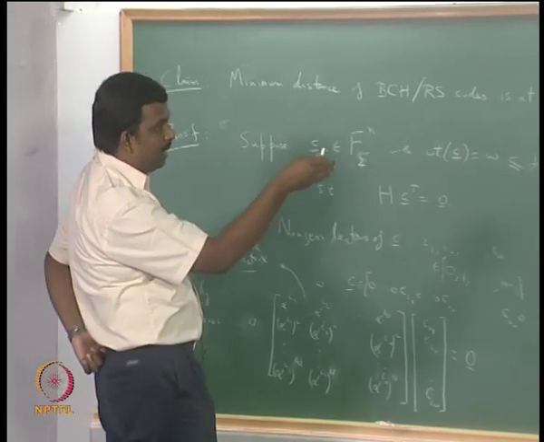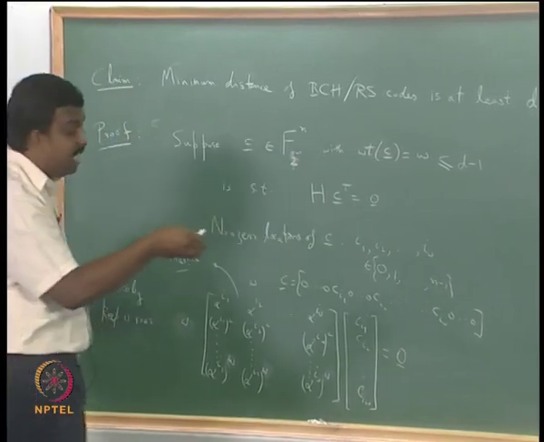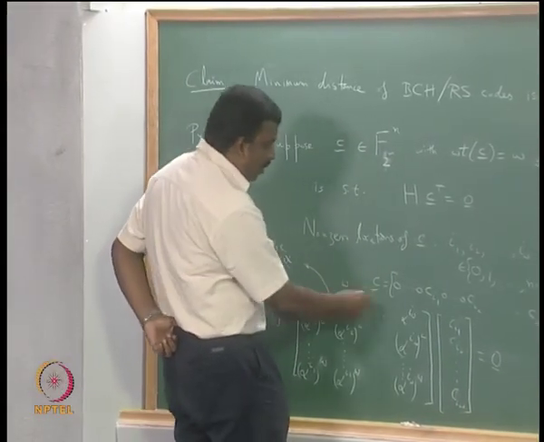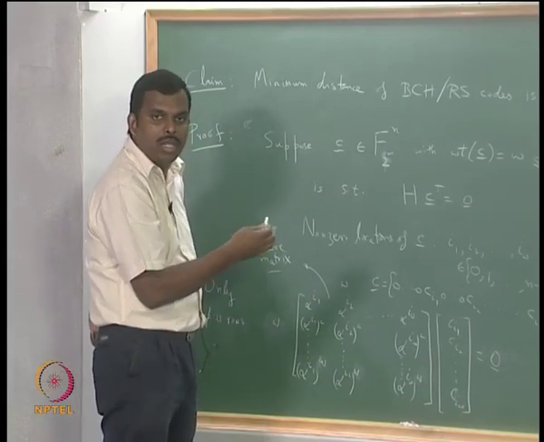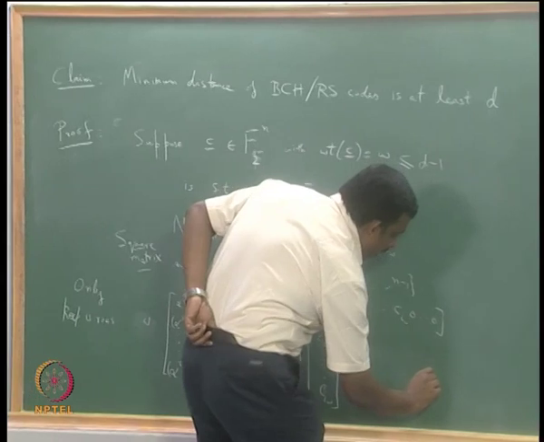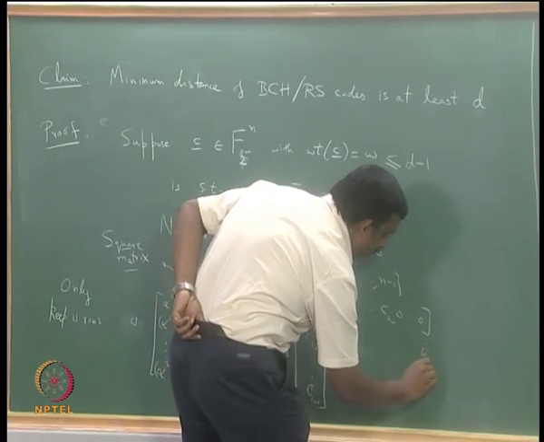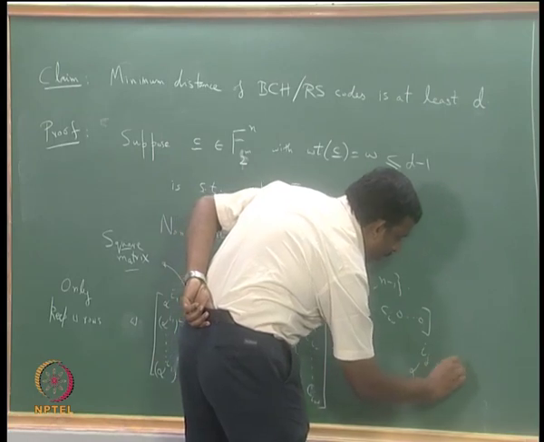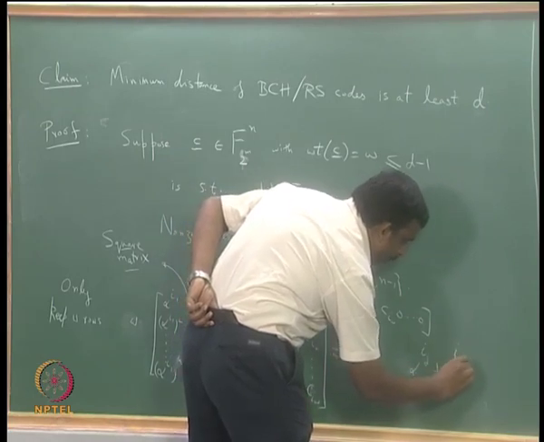Remember, my alpha is such that the order of alpha is at least n. So clearly there is no danger of any of these things repeating or becoming equal to each other. In the square matrix, alpha power I j will not be equal to alpha power I j prime.